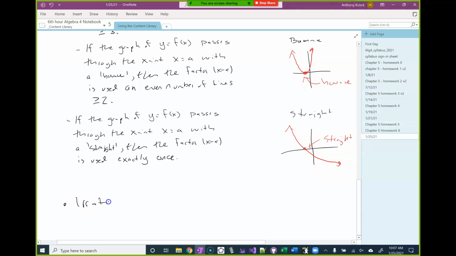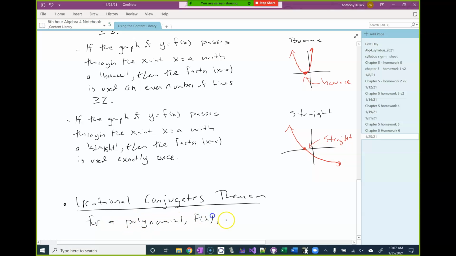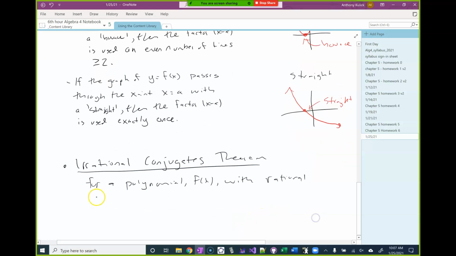And it says for a polynomial f of x with rational coefficients, we should have probably said polynomial equation, f of x equals 0, we say that a plus b square root c is a solution to f of x equals 0. A minus b square root c is also a solution.